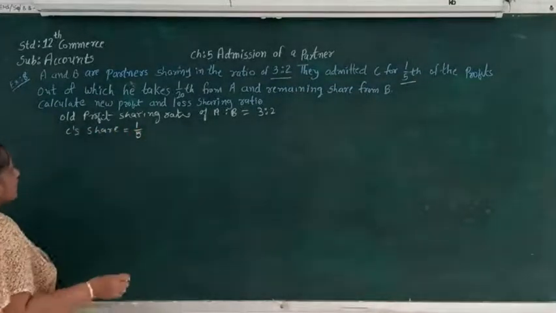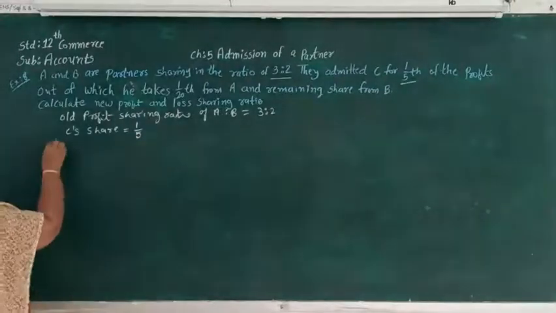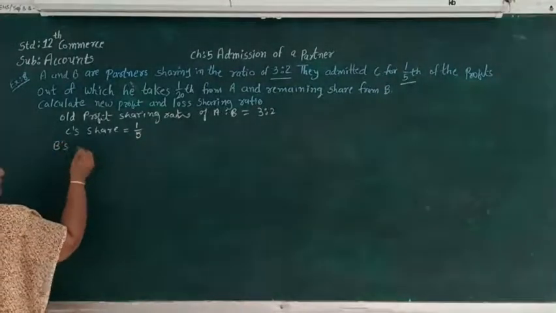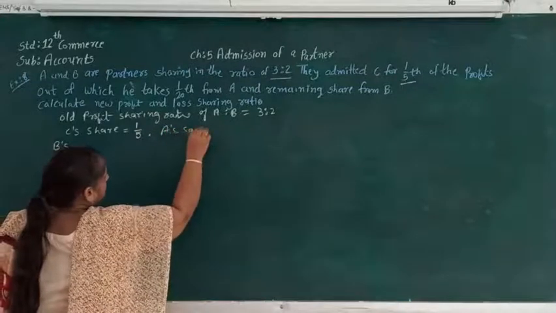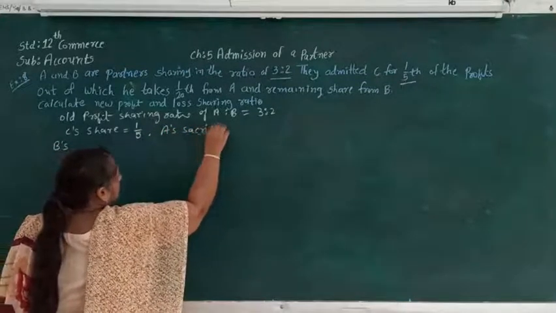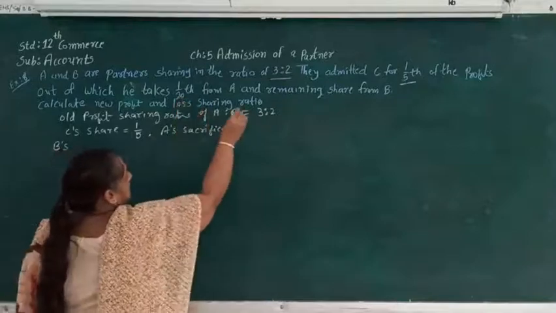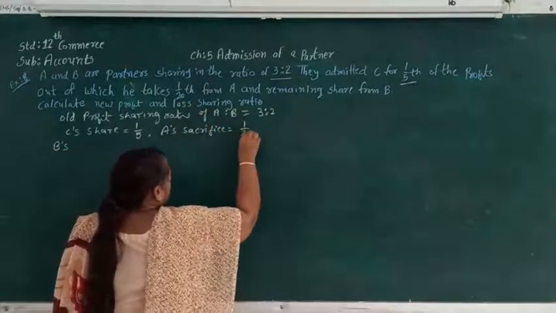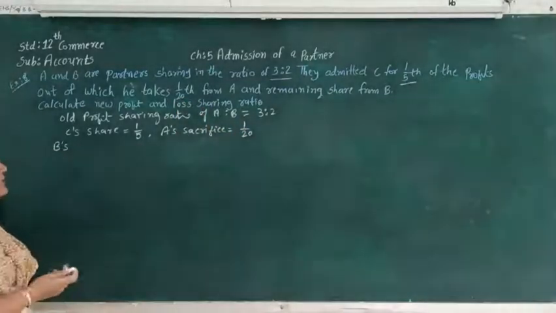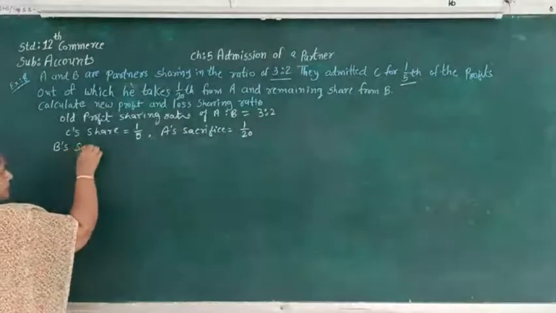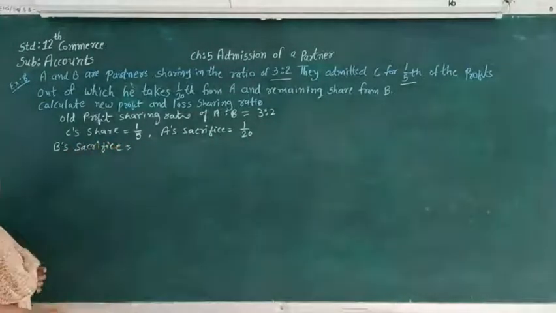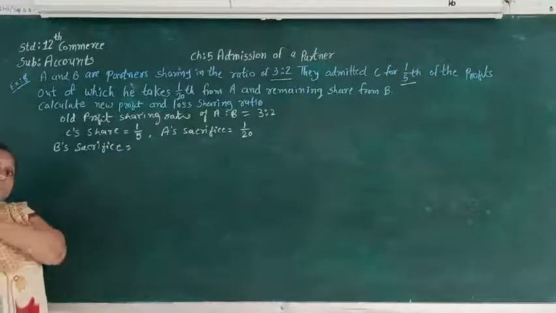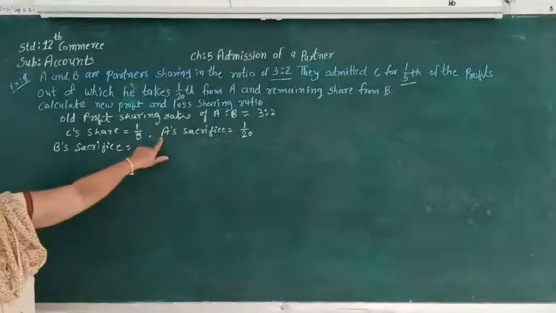Okay. So now we are going to find out B's sacrifice. As we know, A's sacrifice is equal to 120. So B's sacrifice is equal to C's share minus A's sacrifice.